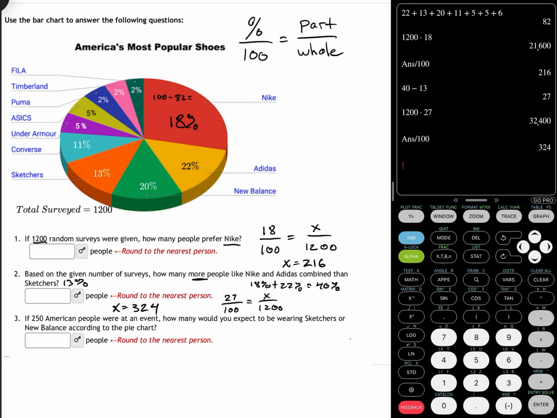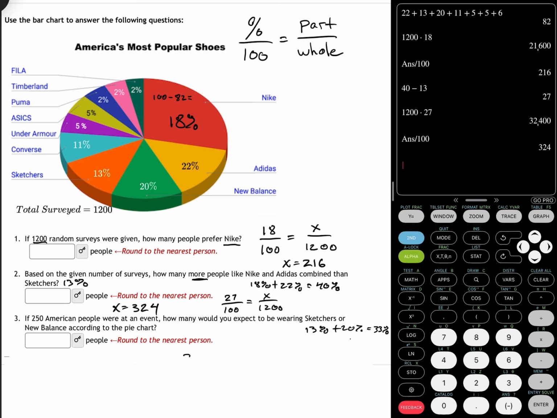Here it says if 250 people were at the event, how many would you expect to be wearing Skechers or New Balance according to the pie chart? So we've changed the amount to 250. So Skechers or New Balance, so we're talking about Skechers is 13%, plus New Balance is listed as 20%, so that would be 33%, is what this question is.